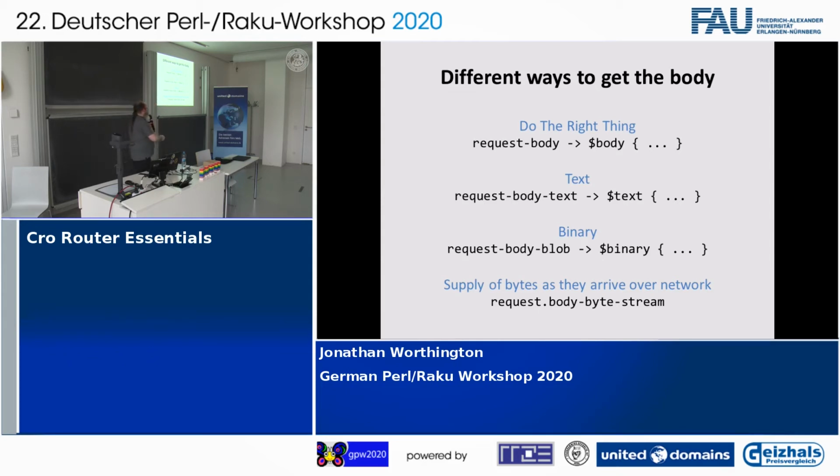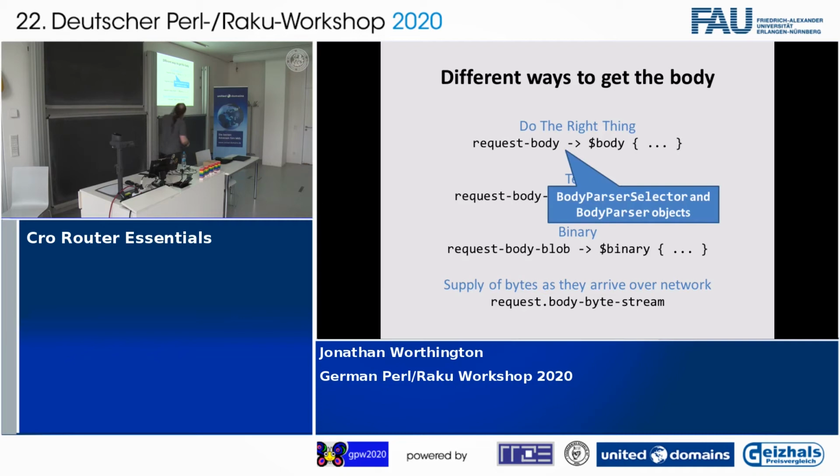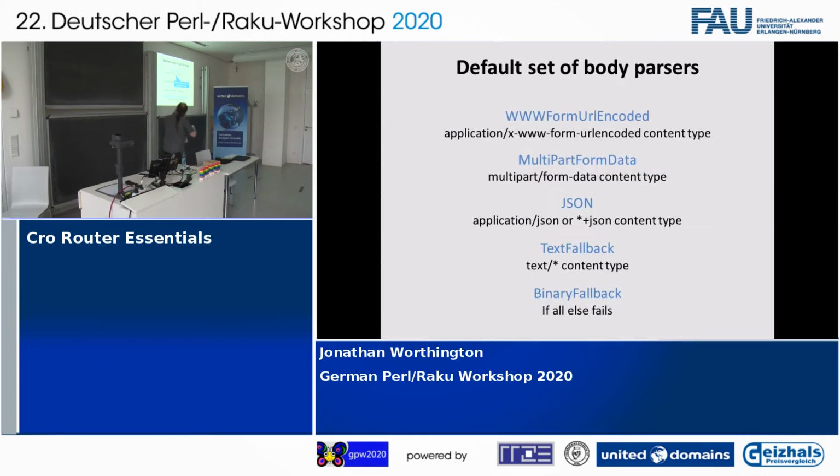And if for some reason you actually want to stream it, for example, you're receiving a very large upload and you want to shove it off to disk very quickly, you can actually get the supply, that is the reactive stream of bytes as they arrive over the network. And yeah, I haven't needed to do that yet for anything, but it's there. So again, we have a body parser selector and a body parser object.